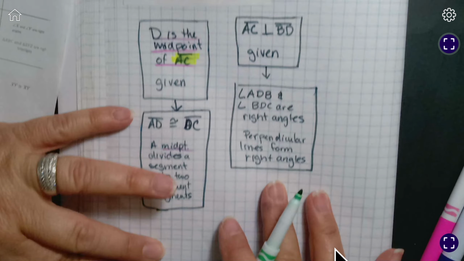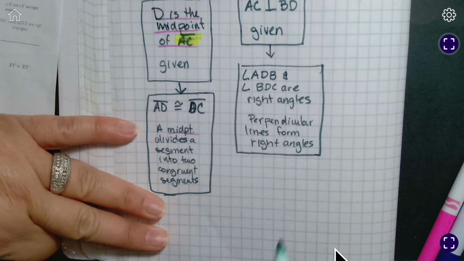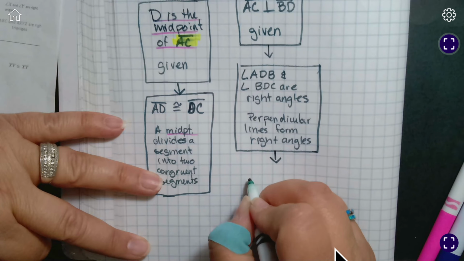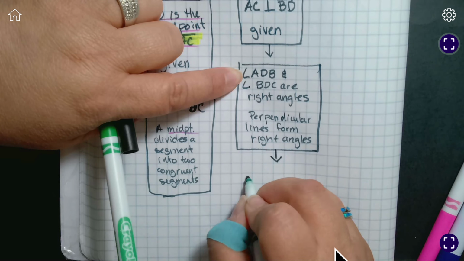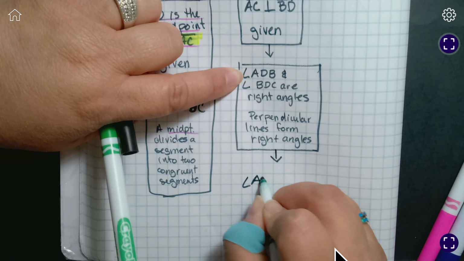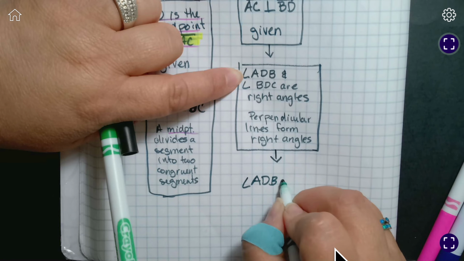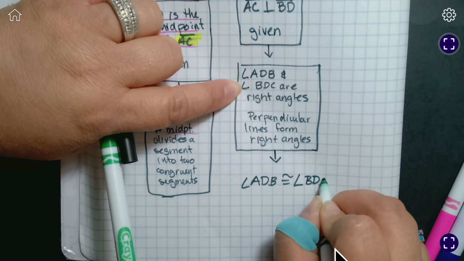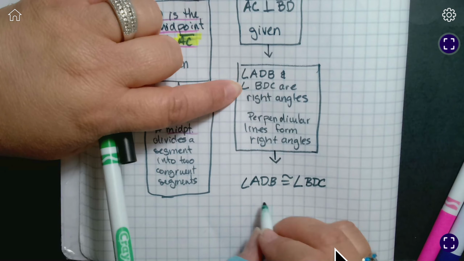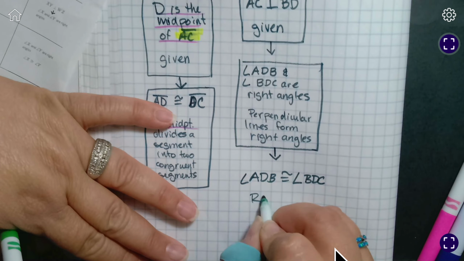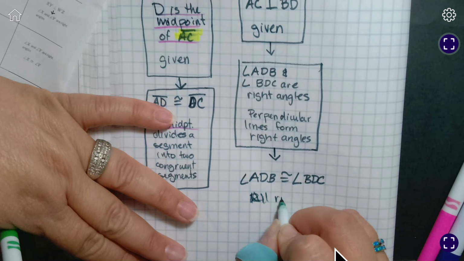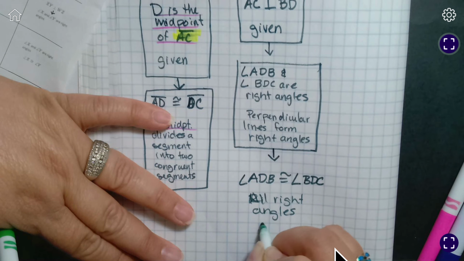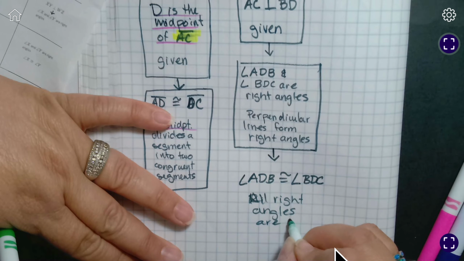What I'm going to need here is that angle ADB is congruent to angle BDC because all right angles are congruent.